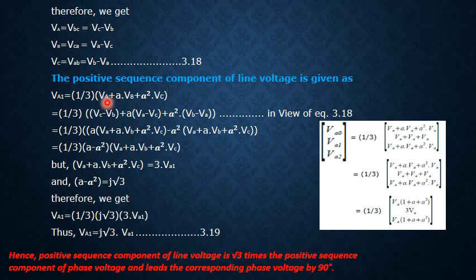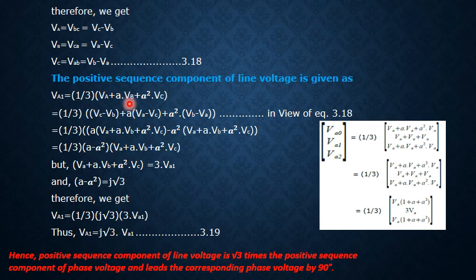So the line voltage VA, we obtained it in terms of phase voltage as VC minus VB. So instead of line voltage, I am going to represent the entire equation with the help of phase voltages now. So VA is nothing but VC minus VB, plus A into VB.